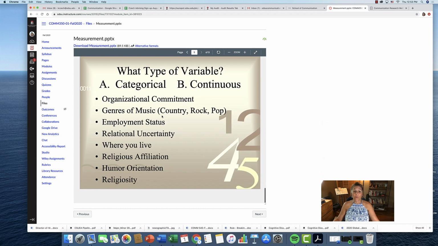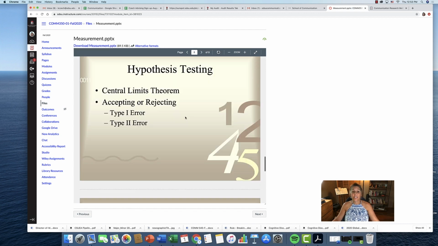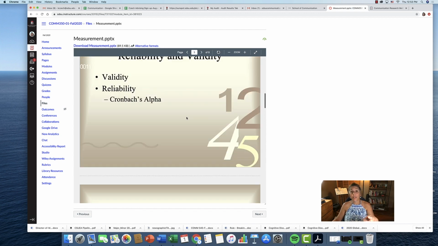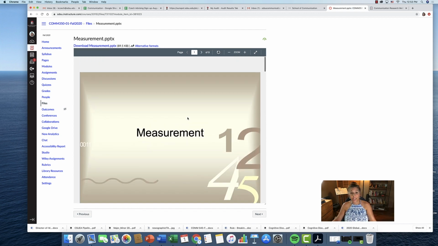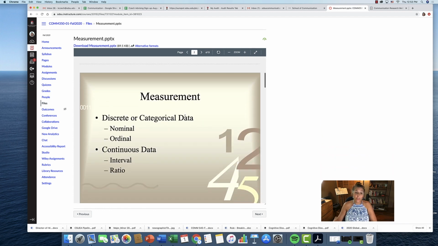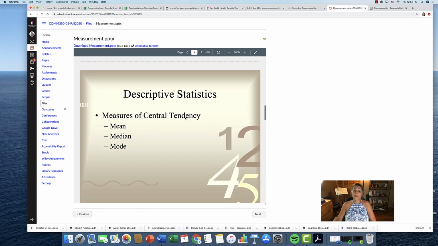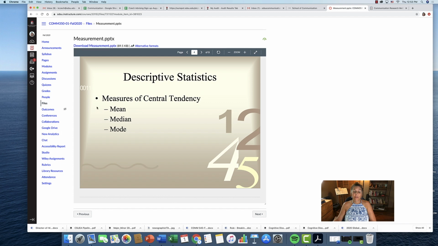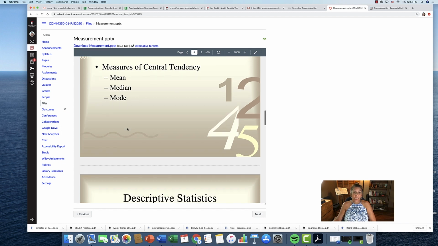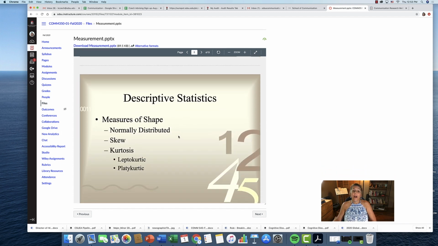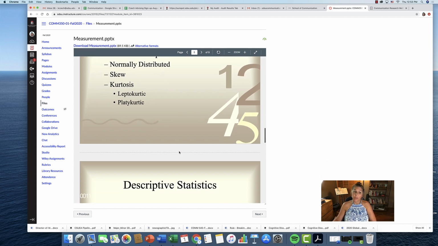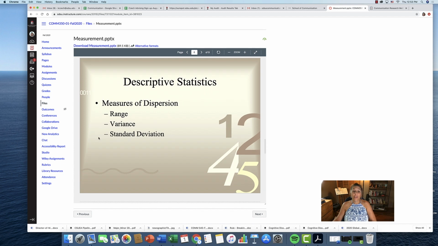I want you to be able to recognize the difference between ordinal, nominal, interval, and ratio scales. I further want you to know what a normal distribution is, what a mean, a median, and a mode are, how distributions can be differently shaped or skewed, and how we look at the whole range of scores on a distribution.